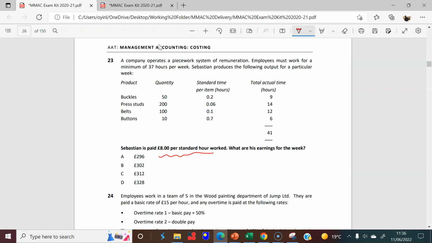If we insert that here, standard hours worked: 50 times 0.2 is 10, 200 times 0.6 is 12, 100 times 0.1 is 10, and the buttons are at 7. When you do all this, you get 39. So our friend here has done 39 standard hours, even though he's actually worked 41.